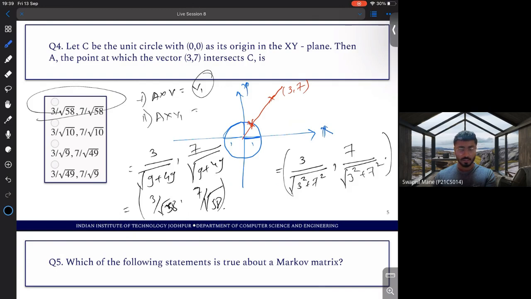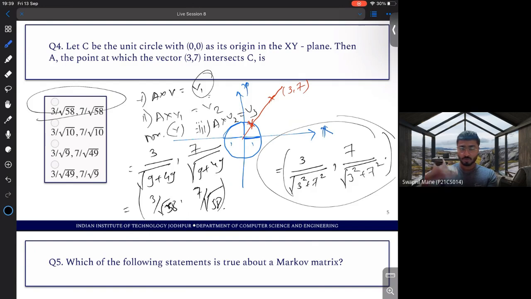While normalizing it, we use this formula, applying this calculation to the vector v1. Then we get v2, we normalize this vector, and use it in the next iteration. Likewise we get v3, and so on.